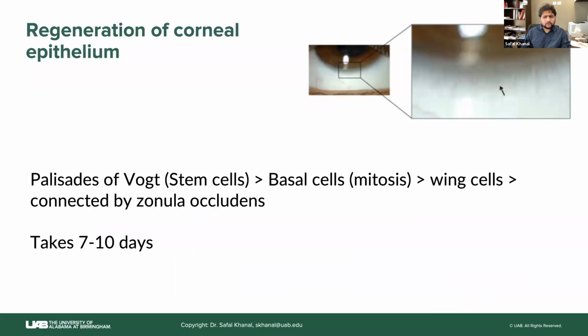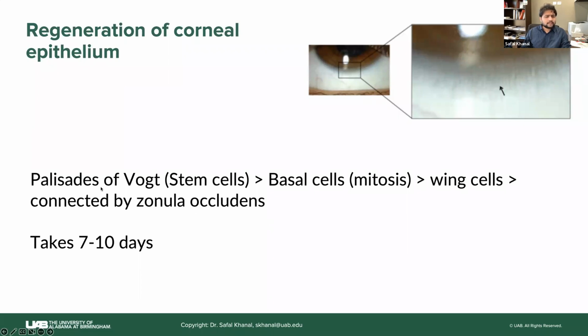Now, of course, the corneal epithelium can regenerate, and the way this occurs is by the movement of stem cells into the basal cells, and basal cells to wing cells, and these are often connected by zonula occludens.